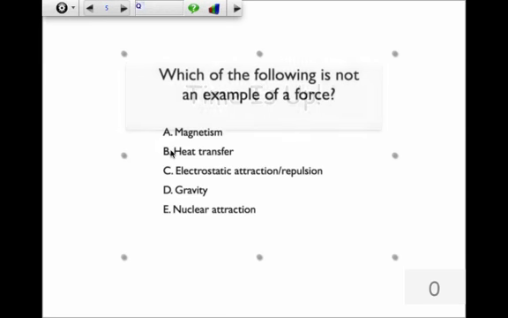Now, B is the odd one out because it's about energy transforming or being transferred. It isn't actually a force.